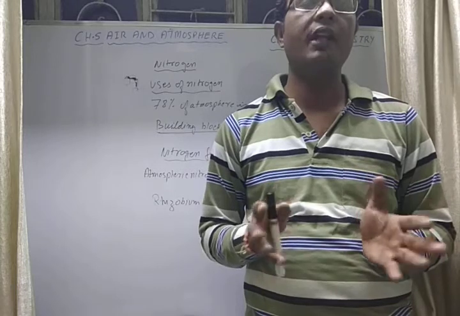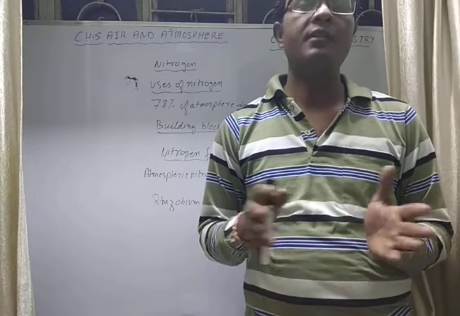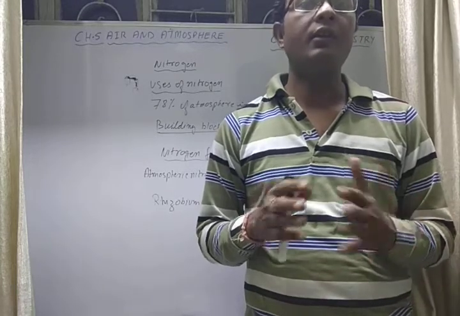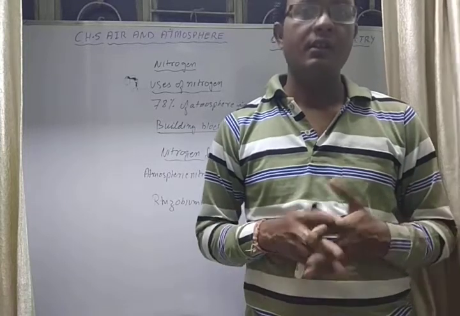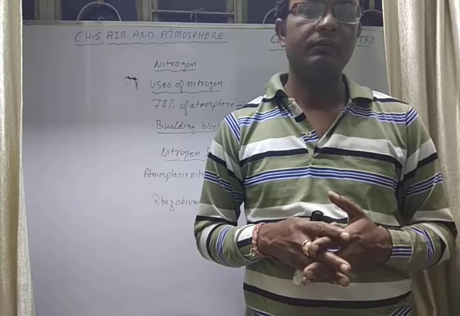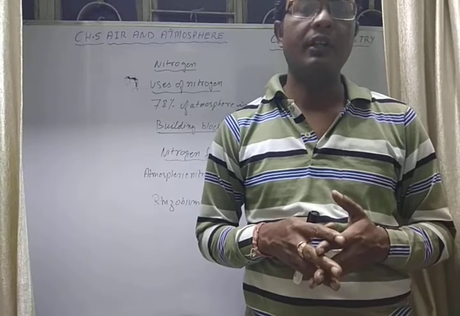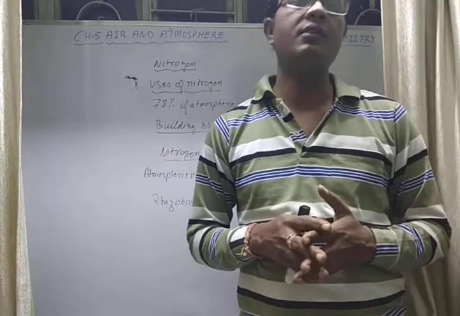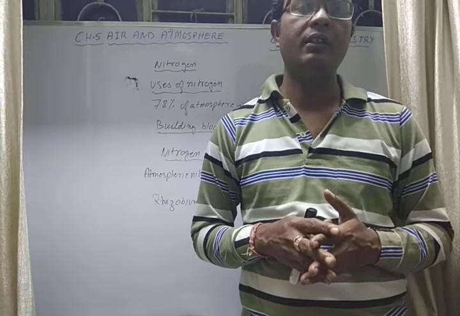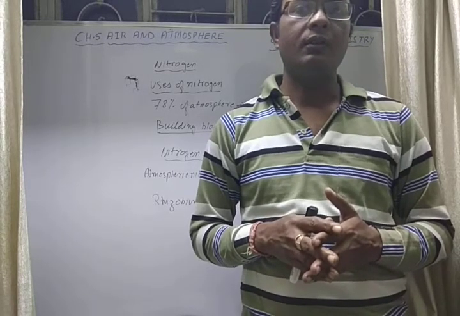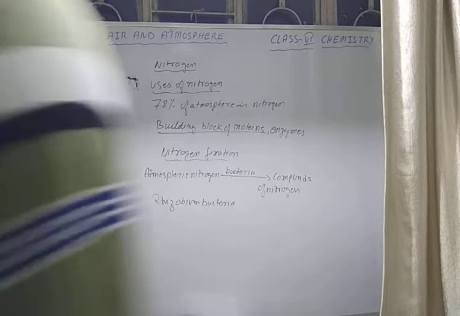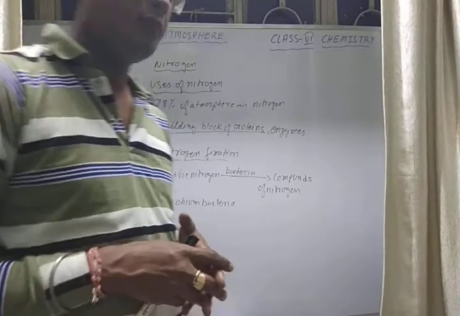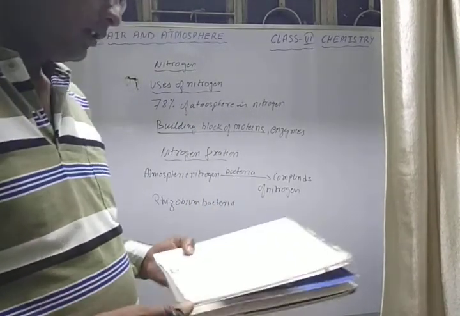If there were no nitrogen in the atmosphere, in the presence of oxygen all things would catch fire at a time and burn. Nothing would be left unburned. This is also one of the uses of atmospheric nitrogen. So in this way, nitrogen has very important uses for us.